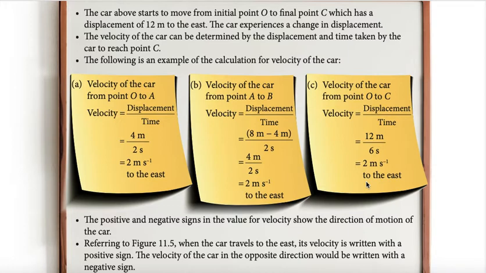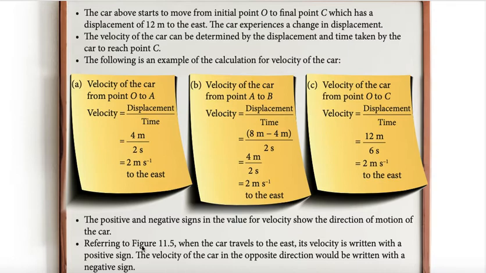Sometimes the velocity can give the value of negative. Kadang-kadang nilai halaju boleh jadi negatif. The positive and the negative sign in the value of velocity show the direction of motion of the car. Nilai positif atau negatif pada halaju adalah untuk menunjukkan arah pergerakan.